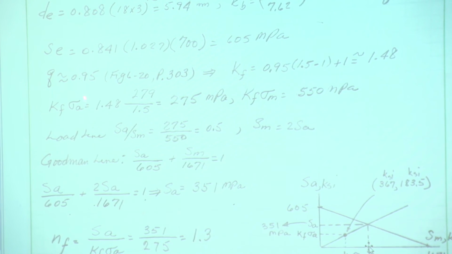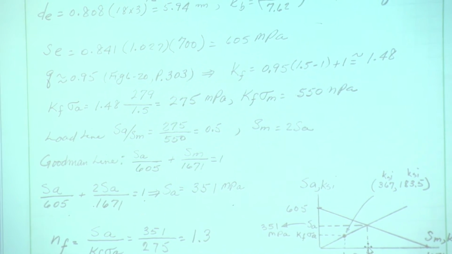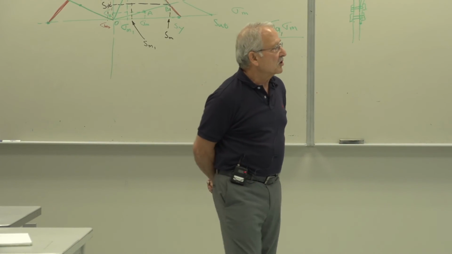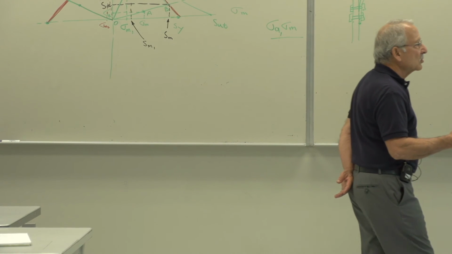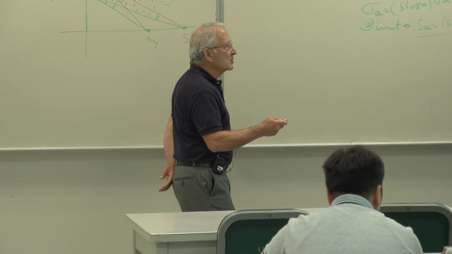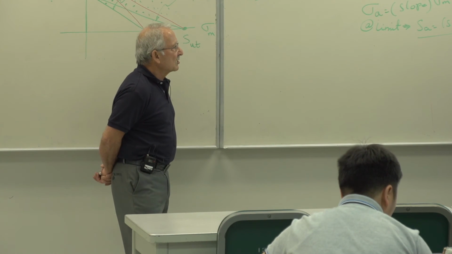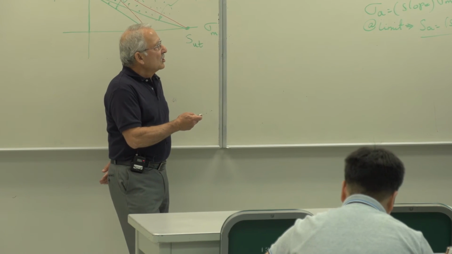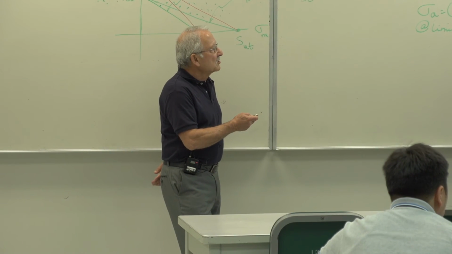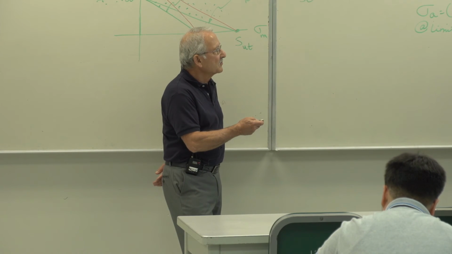Notch sensitivity is 0.95. We have to convert the geometric stress concentration factor that we have assumed, 1.5, to a fatigue stress concentration factor. So Kf is equal to q times Kt minus 1, plus 1, 1.48, slightly less than the geometric stress concentration factor. So the stress concentration factor times sigma a will give you this.